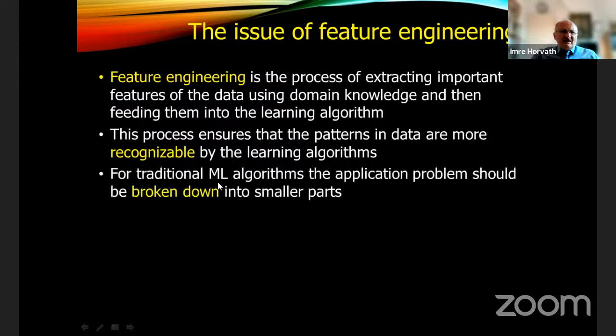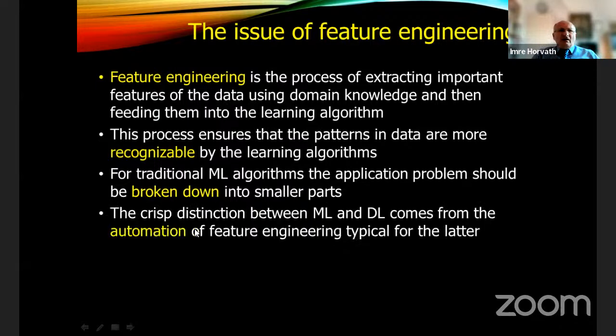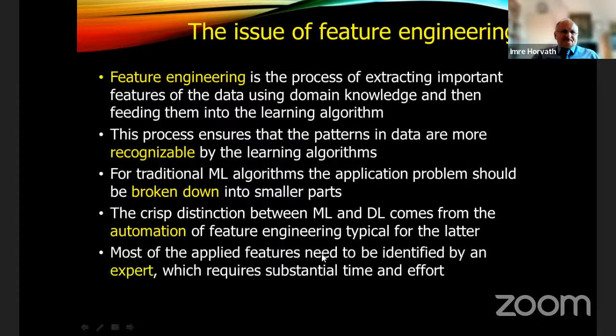For traditional machine learning algorithms, the problem should be broken down into smaller parts. The crisp distinction between machine learning and deep learning comes from the fact that deep learning structures are typically equipped with some sort of automation of feature engineering.